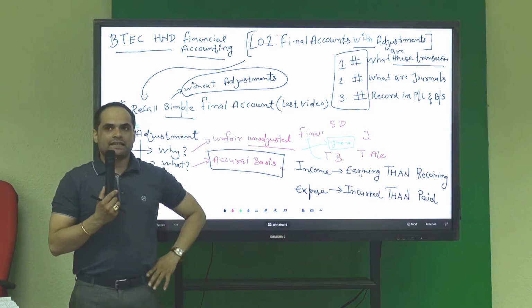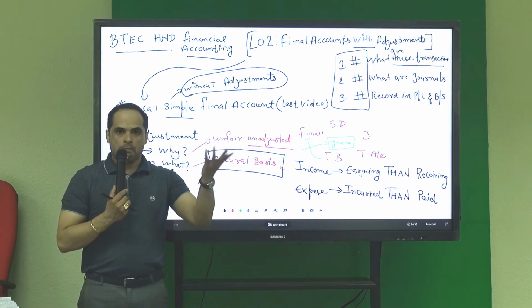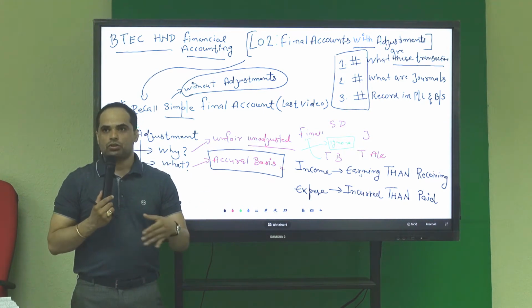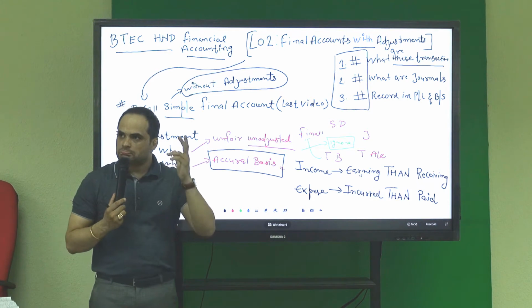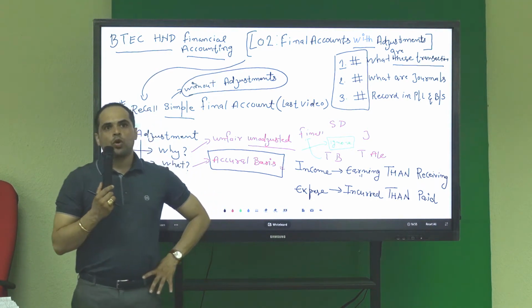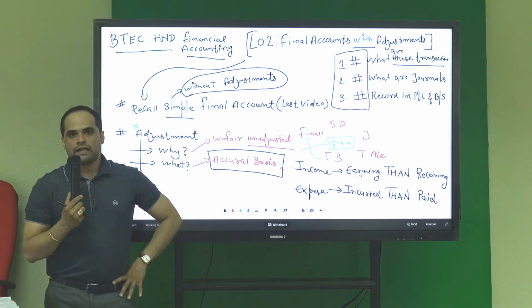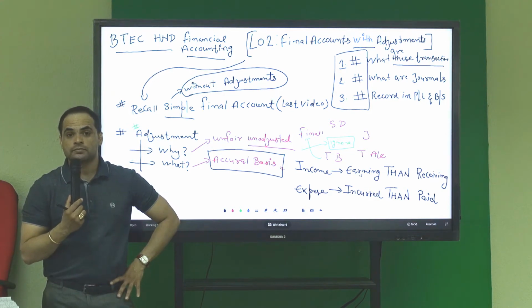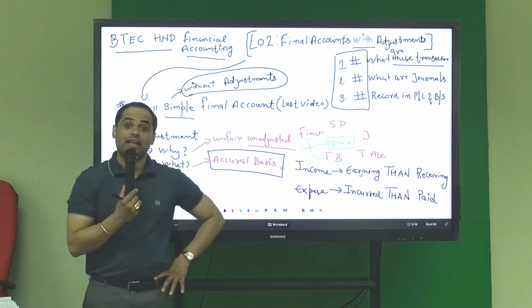Because let's say my balance date, when I prepare final accounts at the end of the period, is 31st of December. Now, on 24th of December, I sold my product on credit, and the customer said he or she will return the money to me after 2 weeks.